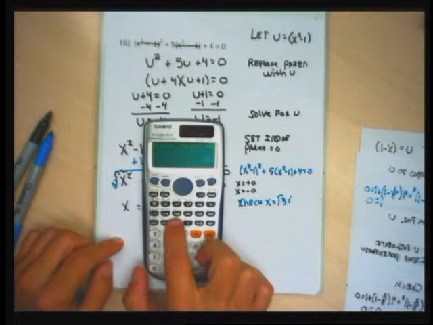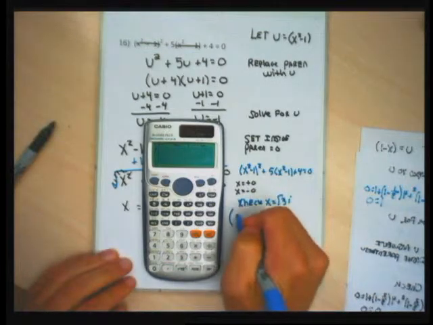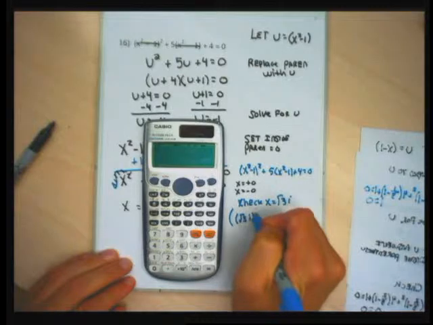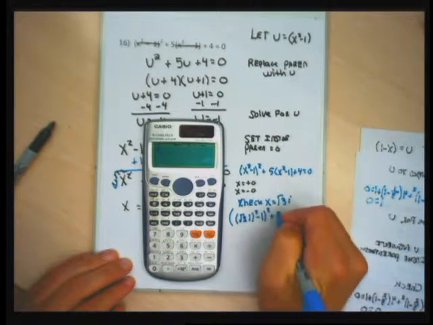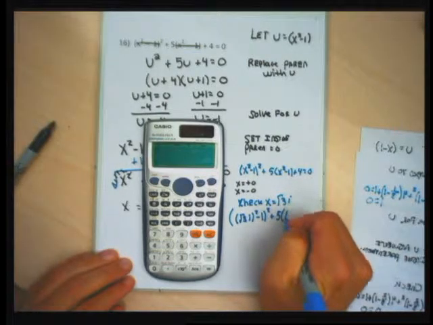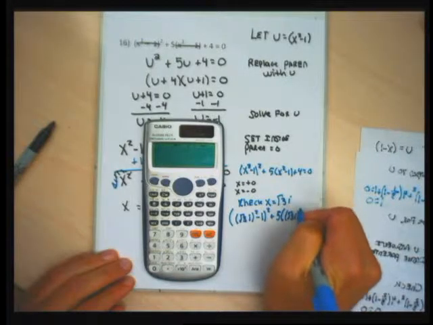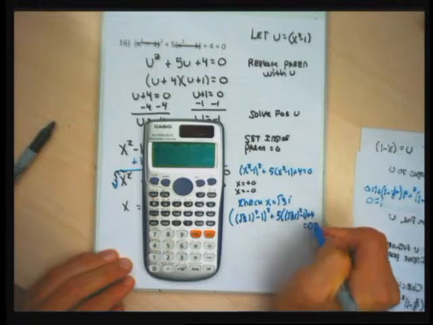Now checking parentheses. Oh, let me write down what I'm checking. Parentheses, the square root of 3 times i squared minus 1 squared plus 5 times parentheses, the square root of 3 times i squared minus 1 plus 4, and that should equal 0.